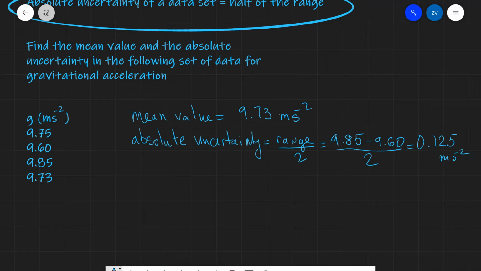So we could write this value for the experiment as 9.73, and we're also going to have some uncertainty of plus or minus 0.125 meters per second squared.